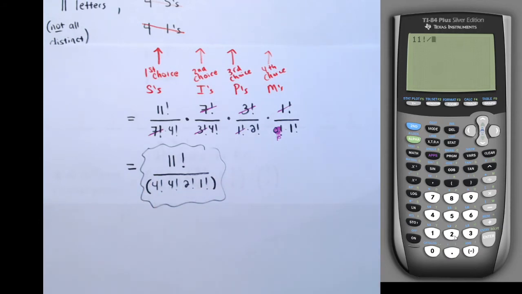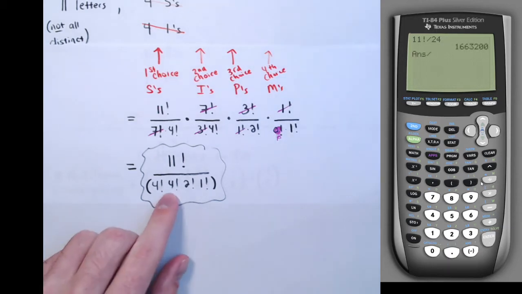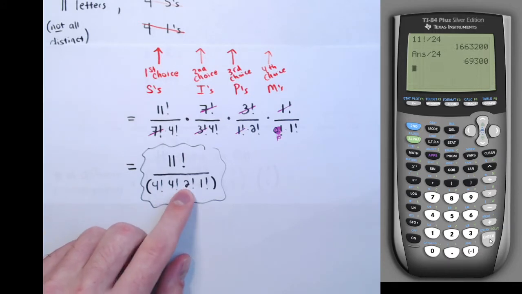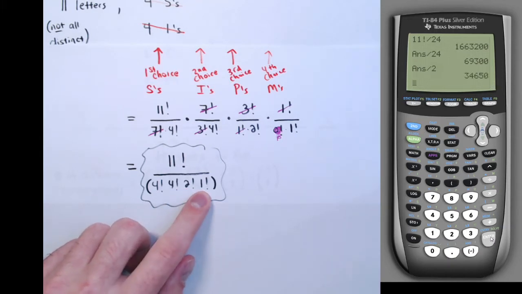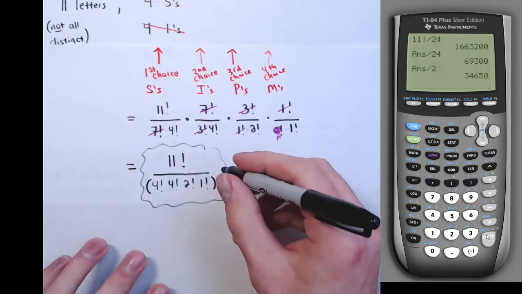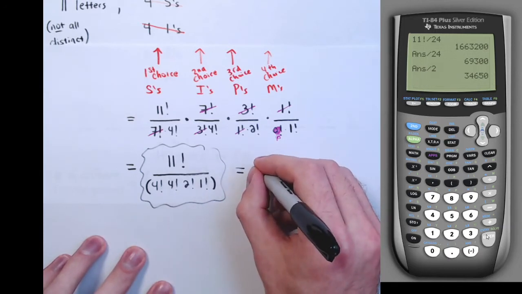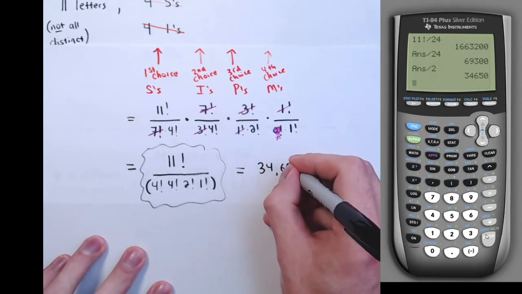But I'm going to do it one at a time. Divide by 24, which is 4 factorial. Divide by 24 again, another 4 factorial. And then divide by 2, 2 factorial. And then divide by 1. Well, that's it. All right, so this is 34,650.